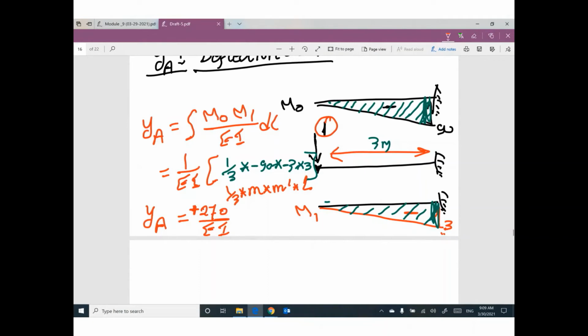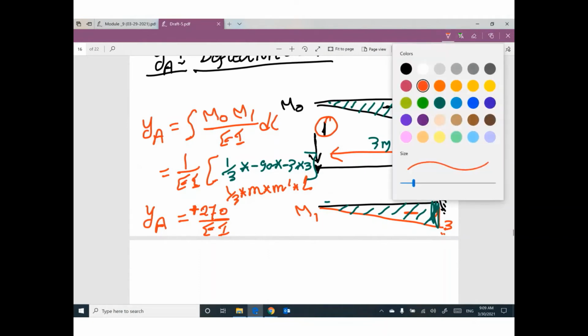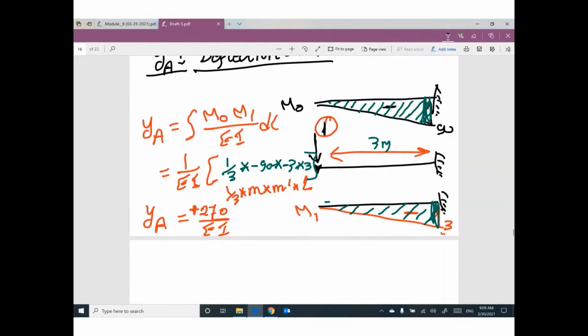Positive means when you remove all the loads, you are at point A and you put a unit load going down, and your value is positive, both of them are matching. So your point will move down, following your assumption.